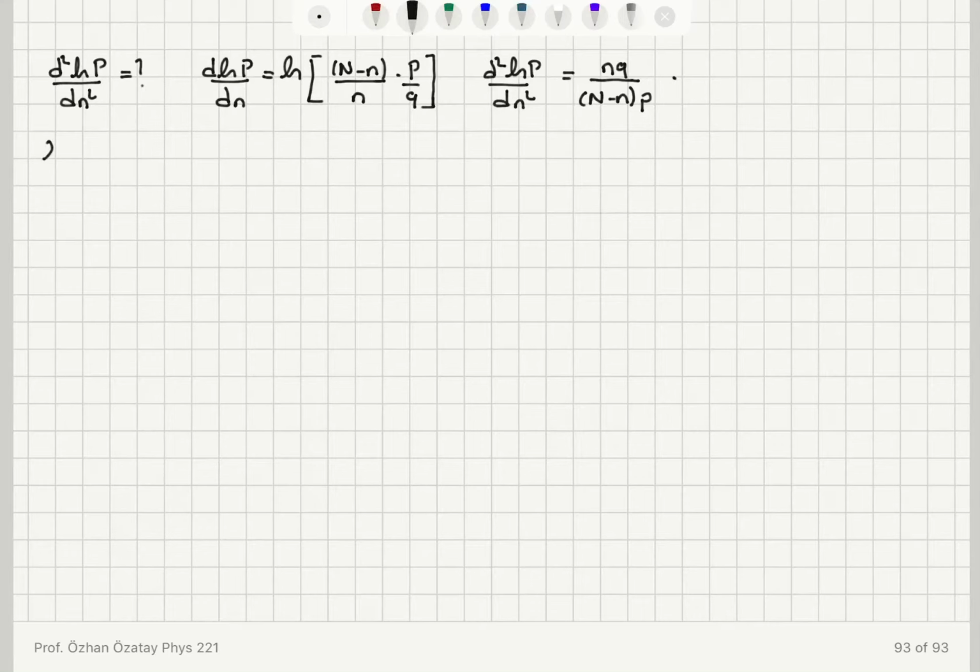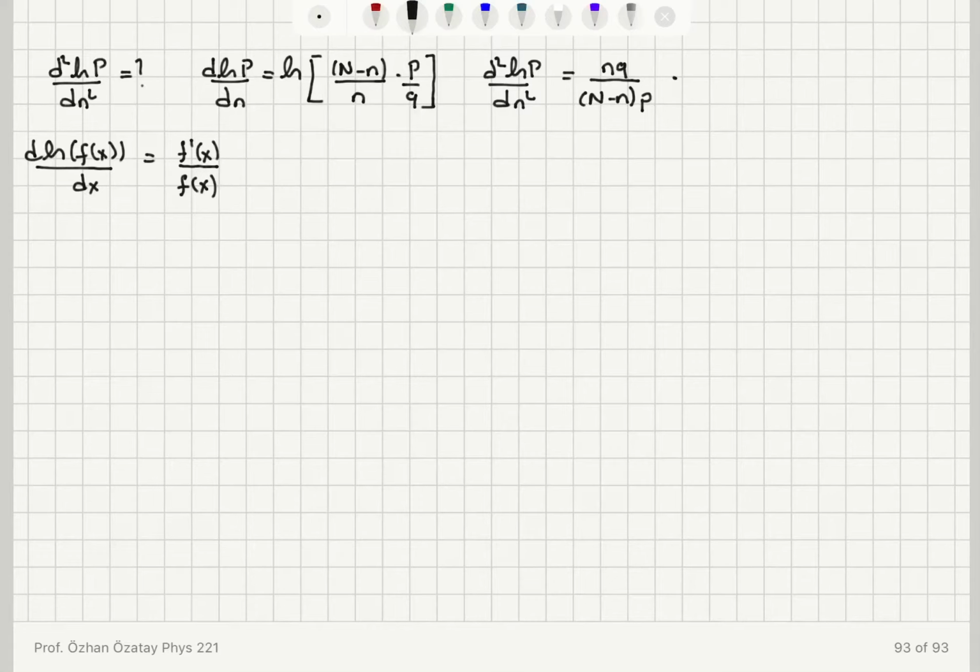multiplied by the derivative of the inside. So the derivative of natural logarithm of f of x with respect to x is f prime of x divided by f of x. I'm using this derivative of the natural logarithm.